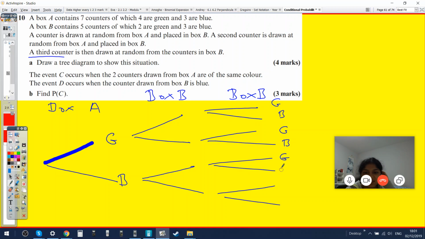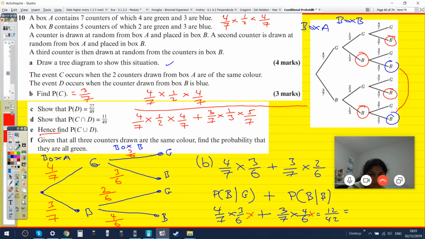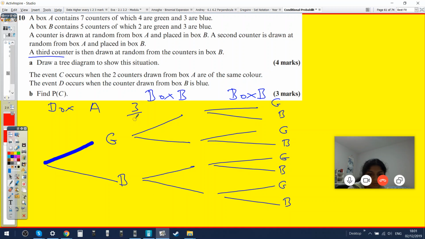So you know the second box B, how would you find the probabilities for that? It's as simple as, if we go back, this was 3 over 6, 3 over 6. So what would be this one up here? A third counter is then drawn. 2 over 6, because this is box B. Why would it be over 6?